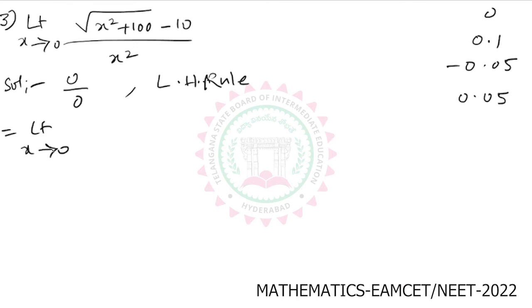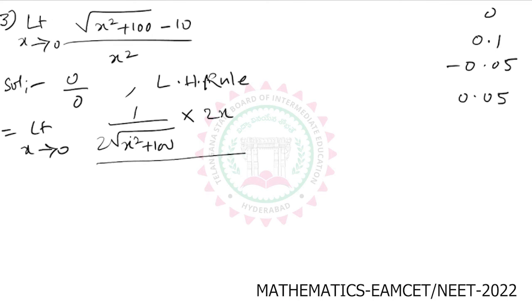Now, root of something, 1 by 2 root of that thing, that is x square plus 100, into derivative of the inner part, that is derivative of x square is 2x, derivative of 100 is 0. Minus derivative of 10, a constant, 0, divided by derivative of x square, which is nothing but 2x.